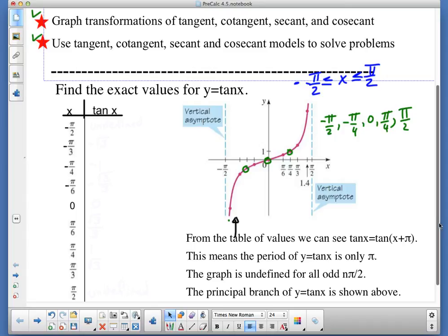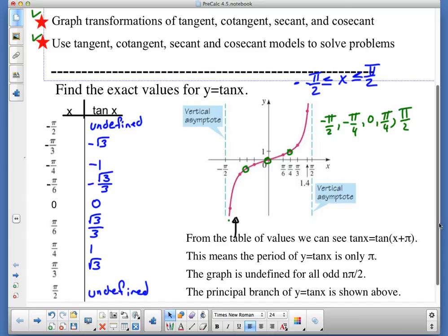But let's talk about the values of tangent we've got going. And when we look at these, we're looking at the fact that we got negative pi over 2, negative pi over 3, negative pi over 4, negative pi over 6, 0, pi over 6, pi over 4, pi over 3, and pi over 2.